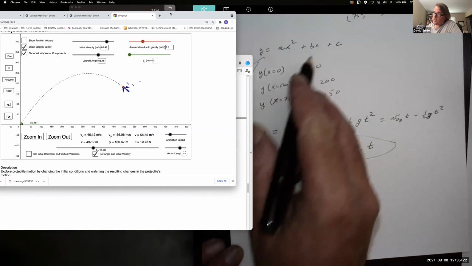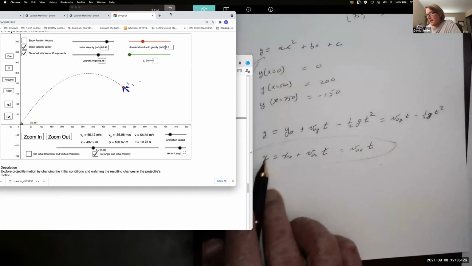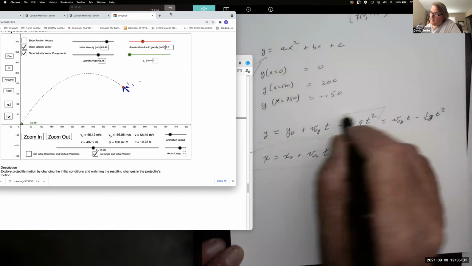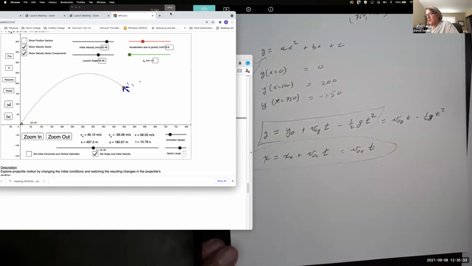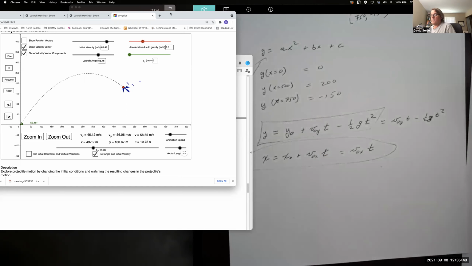You want to figure out your a and b's just doing it this way. And then you compare what you get after you stuck in here to what this looks like. And you can quickly pull out what v0x is. And once you have v0x, you can figure out what v0y is, because you have a and b as a relationship as well.